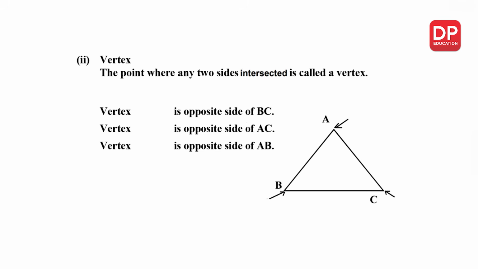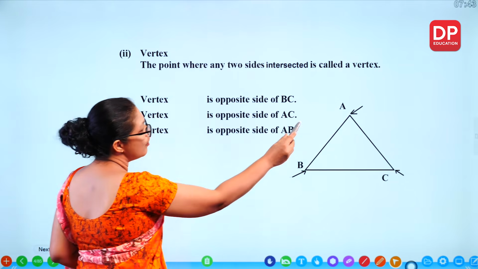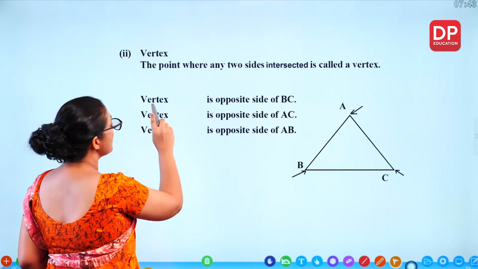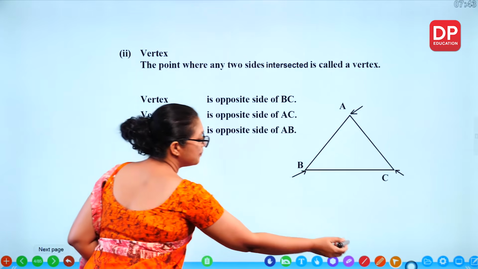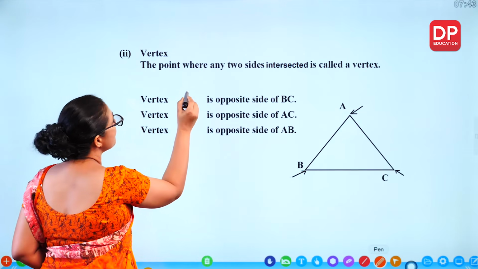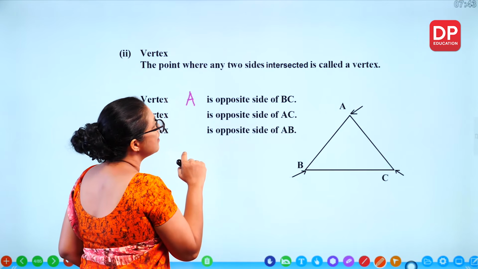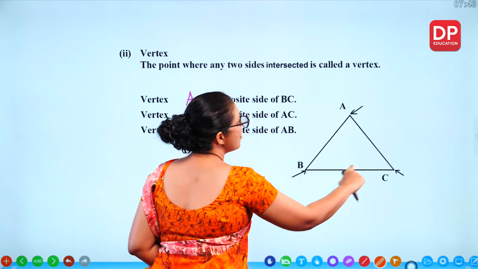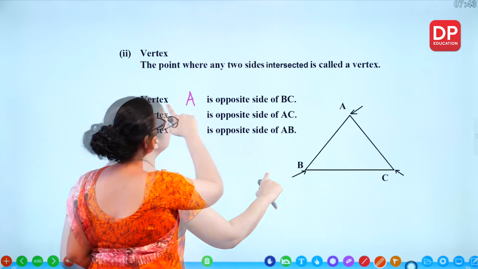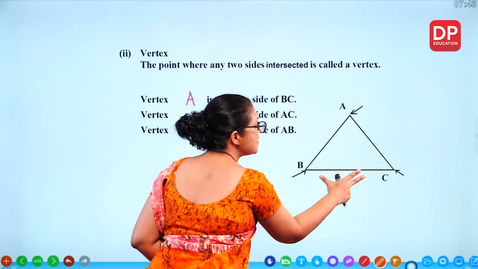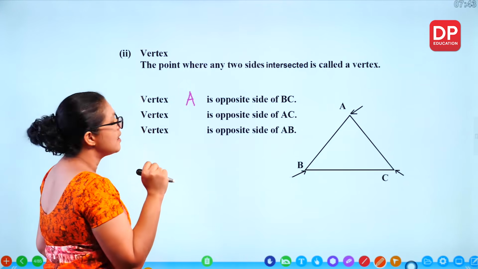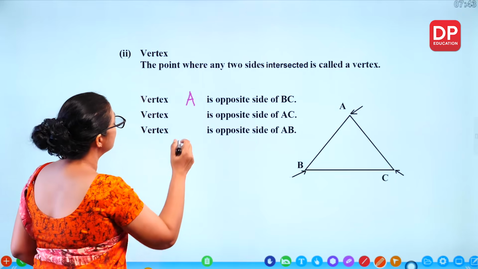Now we'll look at vertex points. The point where any 2 sides intersect is called a vertex. So when you look at triangle ABC, vertex A is opposite side BC. So vertex A is opposite to BC. What is vertex B?